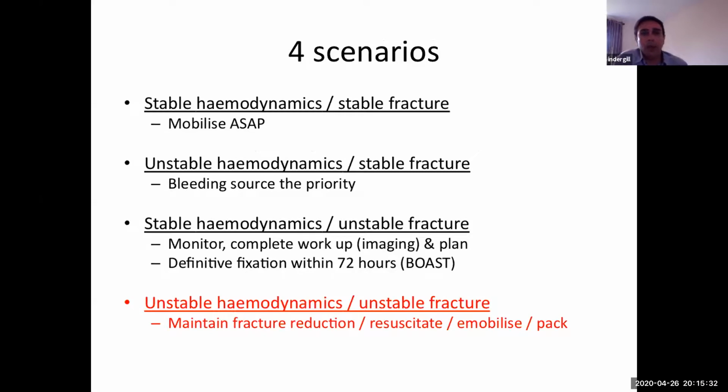As we know, there are 4 possible scenarios. What we are dealing with here is an unstable patient hemodynamically as well as with an unstable fracture. As you heard in the previous talk, the main way of resuscitating them is to maintain the fracture reduction, maybe using a binder or an external fixator, and to resuscitate aggressively.